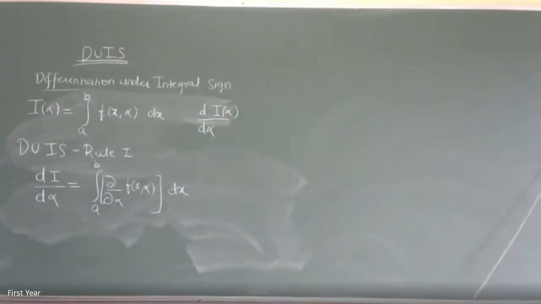That is, dI/d alpha equals the integral from a to b of partial f by partial alpha of f(x, alpha) dx.